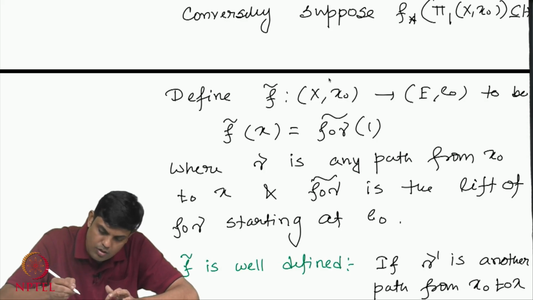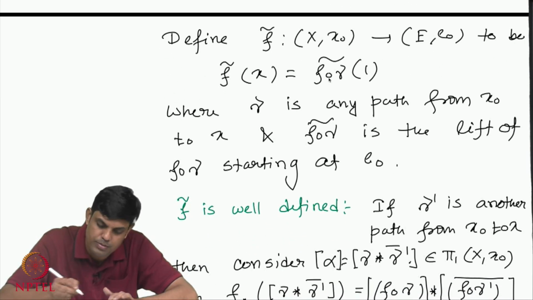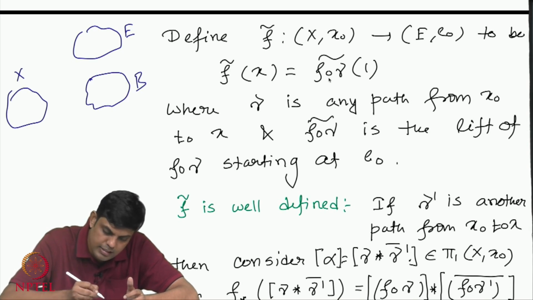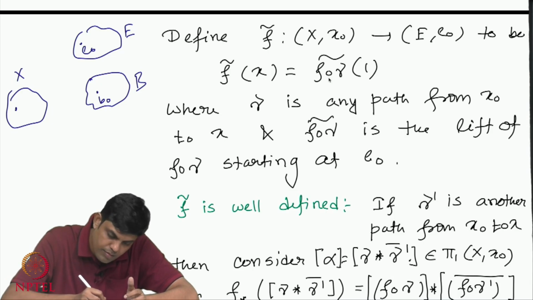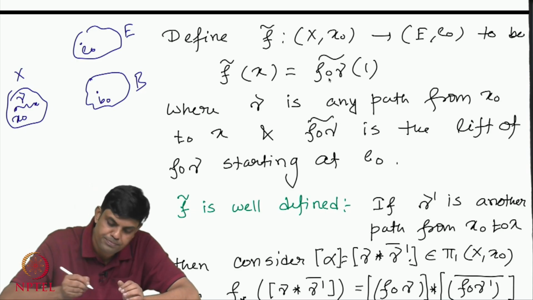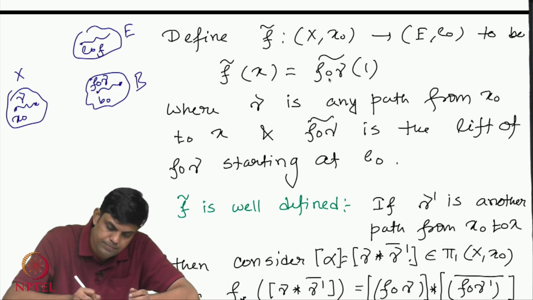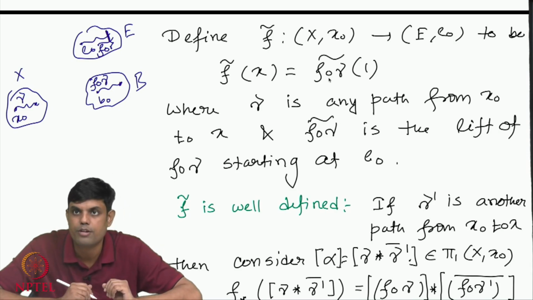So, let me draw the picture here again, so it will be easier for you to understand where the spaces are. This is E to B and this is X here. So, here you have B0, you have E0, you have X0. If X is there, you take a path gamma and then I look at F composition gamma, this ends somewhere, and then I look at F composition gamma tilde, and then I send it to the end point of F composition gamma tilde.